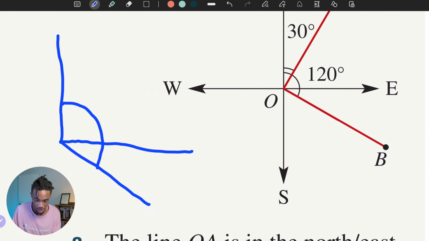We draw a line over here, and between this line and this line there are 90 slices. The full thing is 120, but between here and here there is 90. How much would be here? 120 minus 90 is 30. So this is going to be 30 degrees.